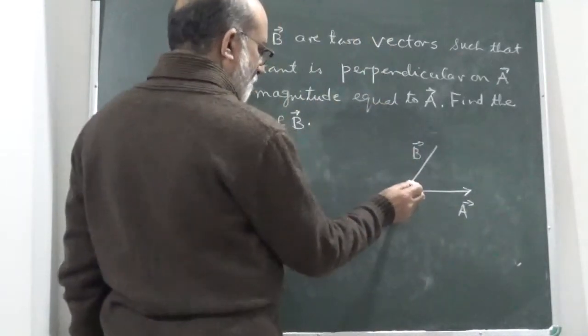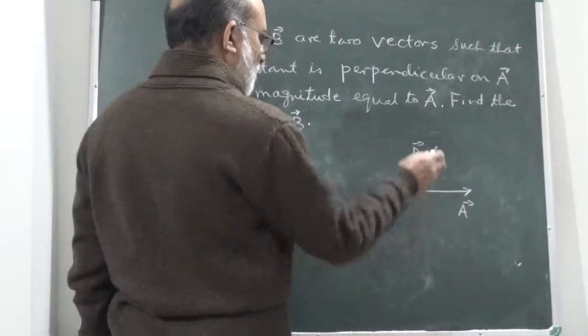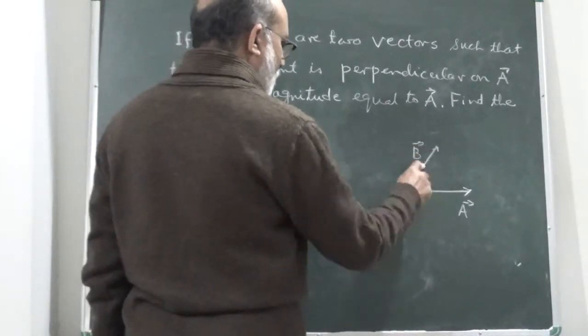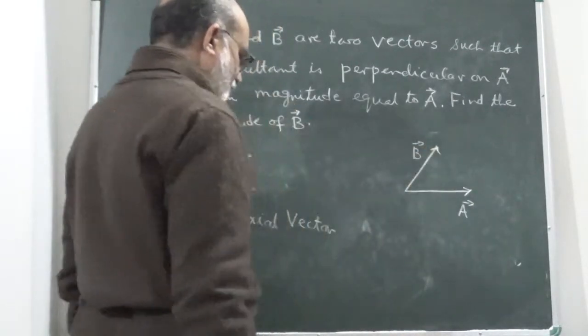The C is along the axis, that's why it's called an axial vector, and the others are called polar vectors.